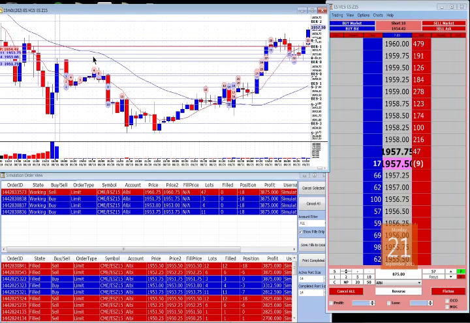But these lines that you see going across, just to give you a quick explanation, are where the software feels it should be buying or it should be selling.